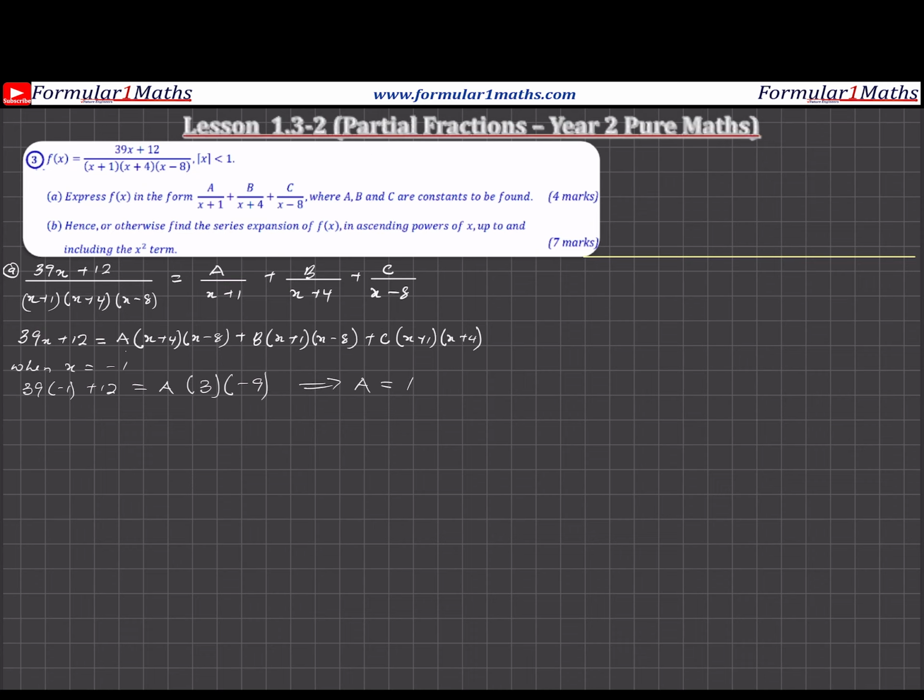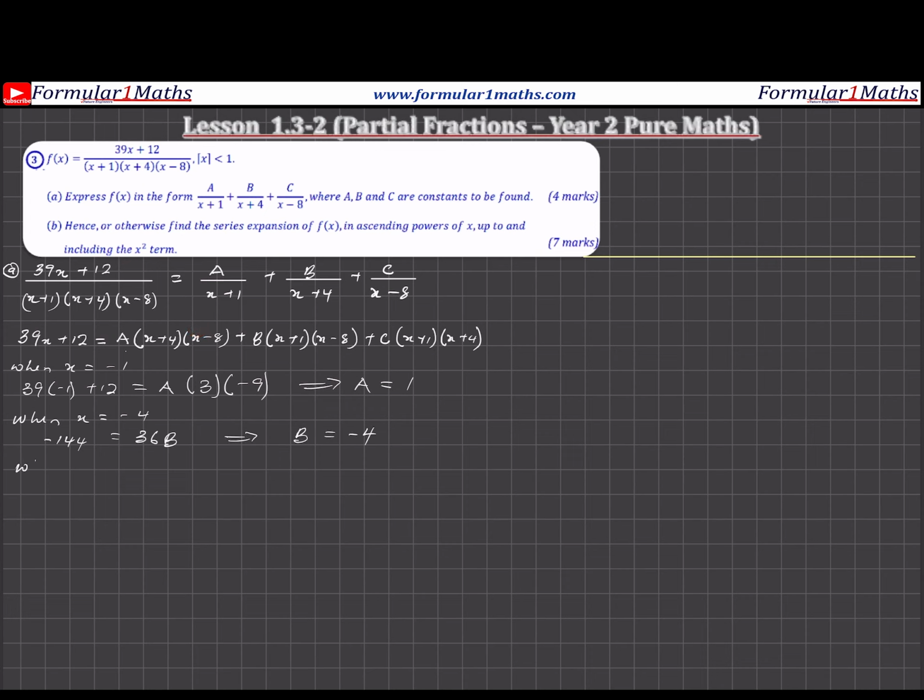And then when x is equal to minus 4, I have minus 144 on the left hand side equal to 36b on the right hand side. Again, because this term will be eliminated and this term will be eliminated. And so this implies that b is equal to minus 4.